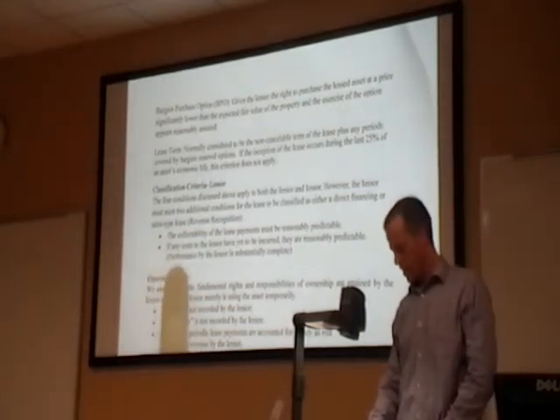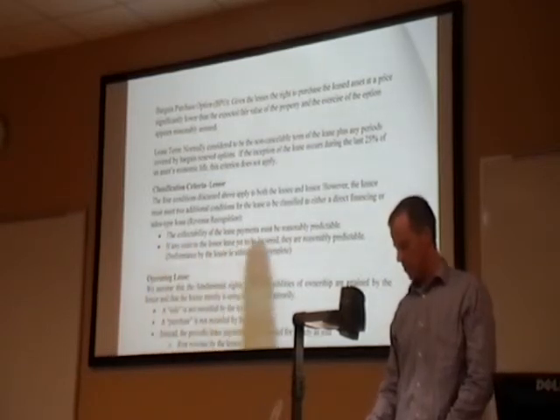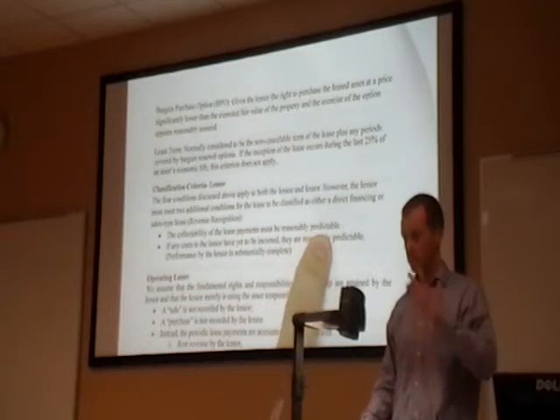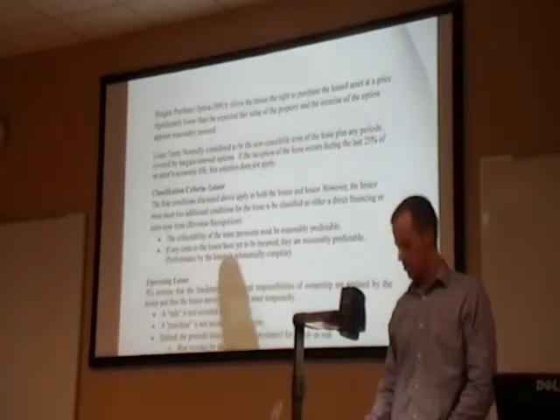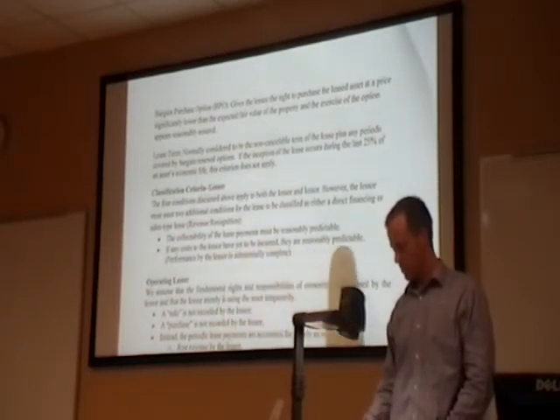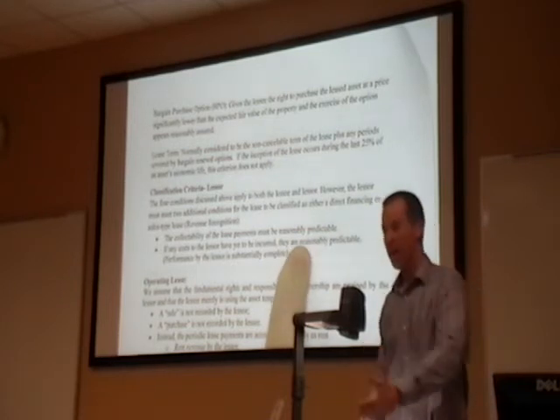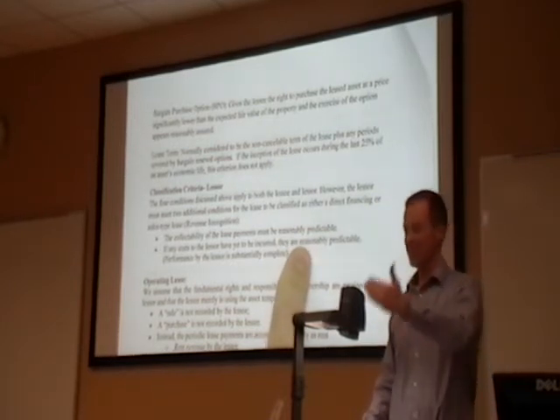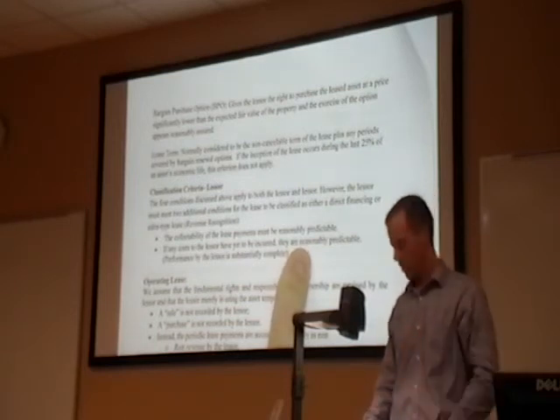And so to be a capital lease for the lessor, the collectability of the lease payments must be reasonably predictable. You're pretty sure you're going to collect the cash. And if there's any cost to the lessor that have yet to be incurred, they're reasonably predictable. Basically, to make sure that you've done all of your work, and if there's any additional work to be done, you know you're still going to have a profit on this before you record revenue.